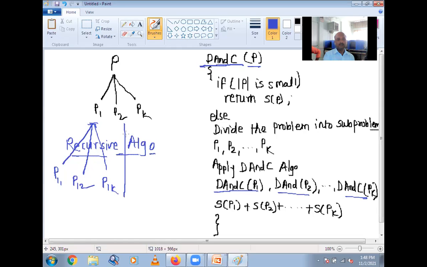Similarly, check problem P2: if small, solve as it is. Otherwise, divide into sub problems P21, P22 up to P2K. In the same way, PK1 up to PKK.